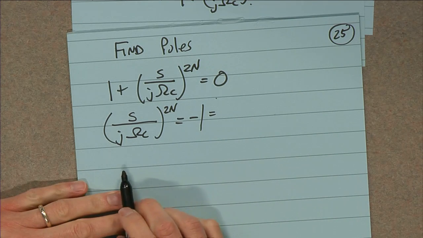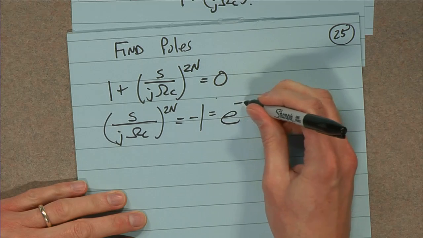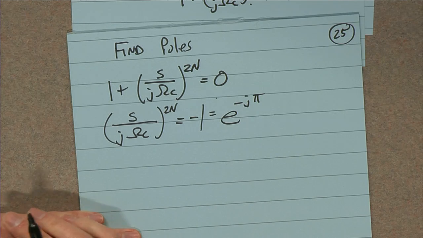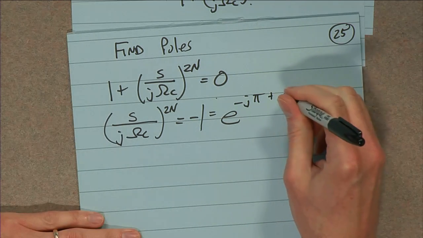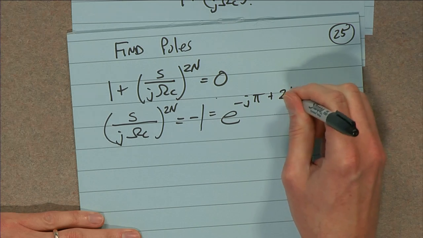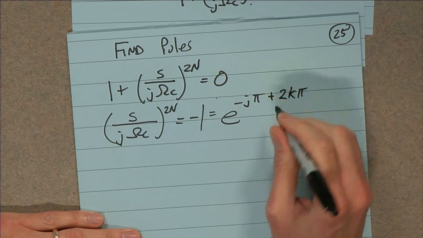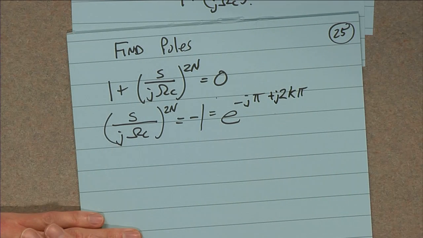And we can do that by saying, well, what's an easy way to write minus 1? e to the minus j pi is a good start, but we've got to take into account it can wrap, right? So plus 2k pi, because complex might want to put the j in there, otherwise it'll blow up, right?